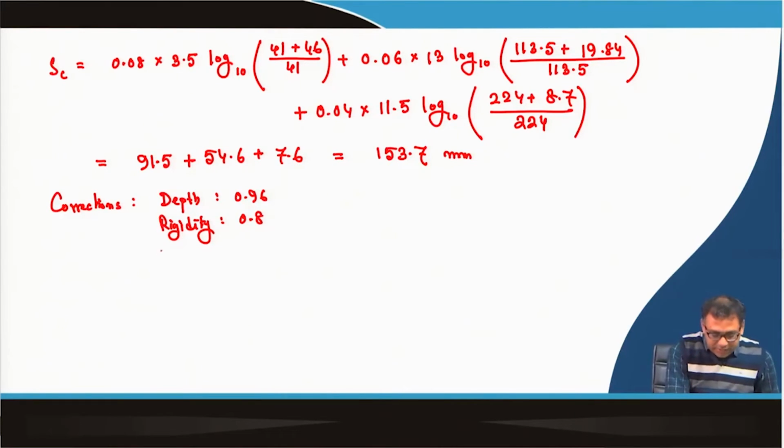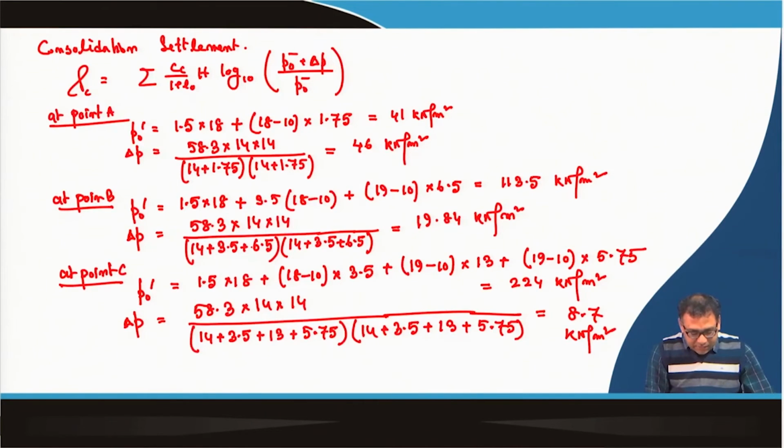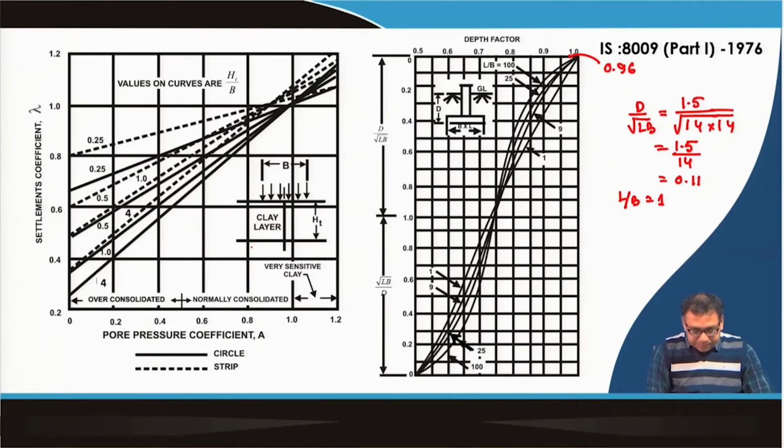Okay. So, that is the pore water pressure correction, and that value we will take from the chart, you can see we have a chart. So, we can use the square footing part.